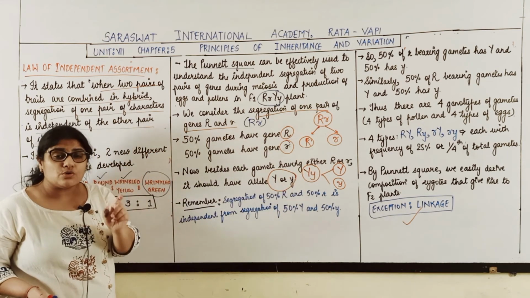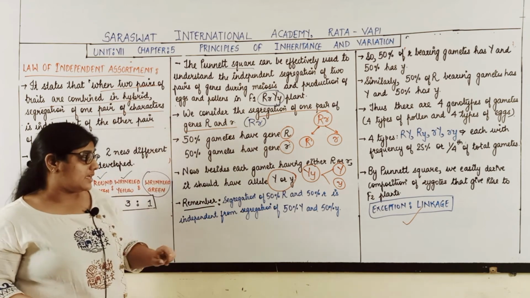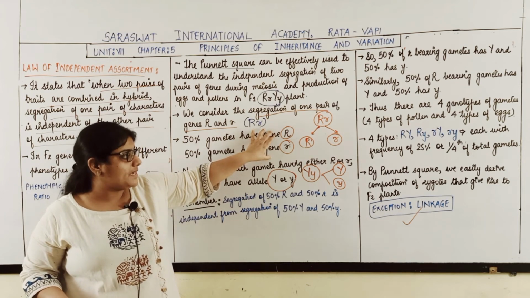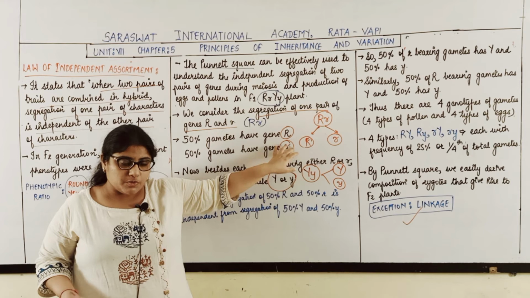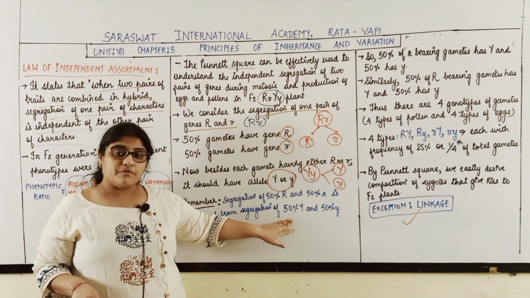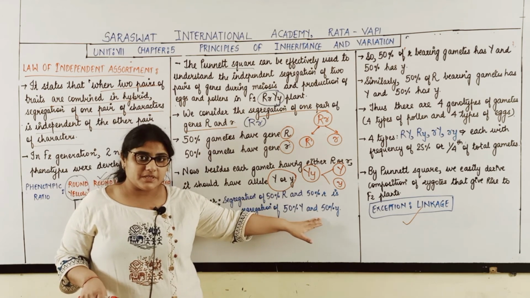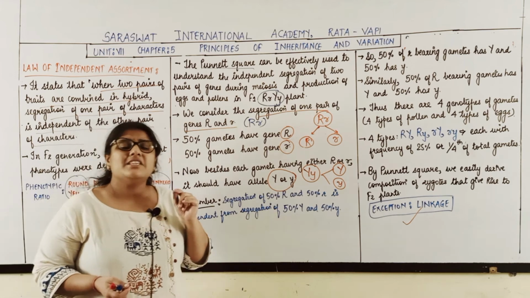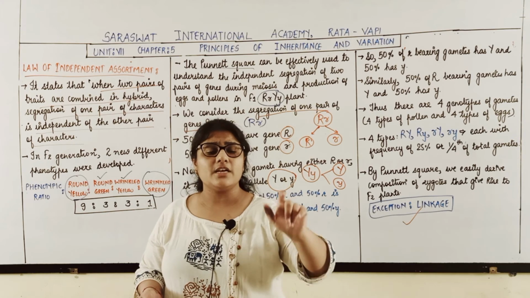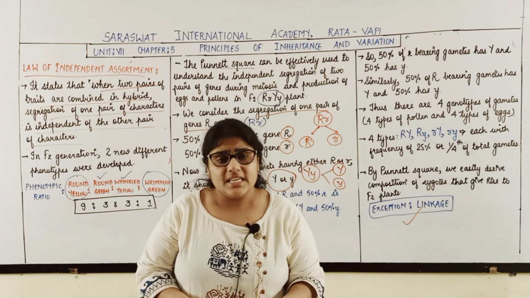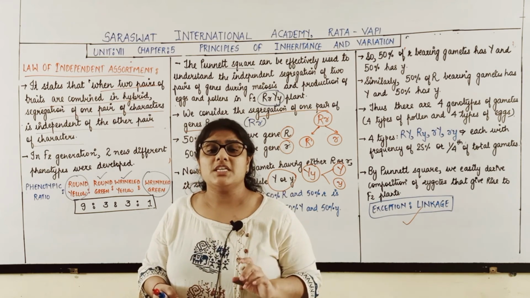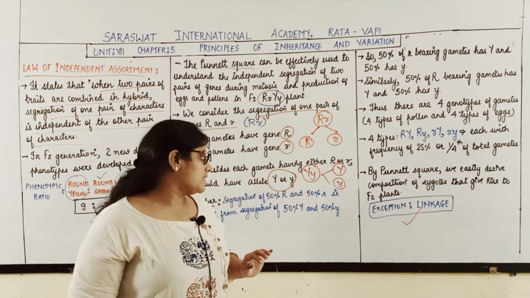But students, you should remember one very important thing: the segregation of 50% capital R and 50% small r is independent of the segregation of 50% capital Y and 50% small y. It means that the segregation of the genes related to the shape of the seed is independent of the segregation of the genes which stand for the color of the seeds.